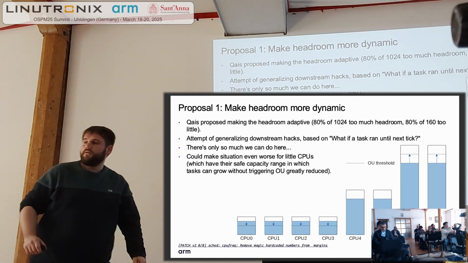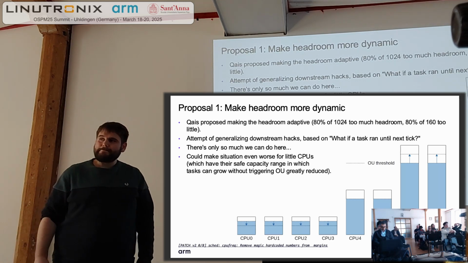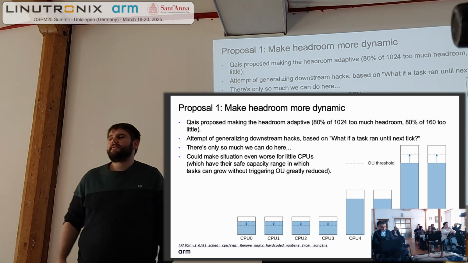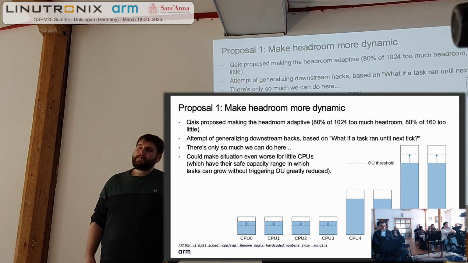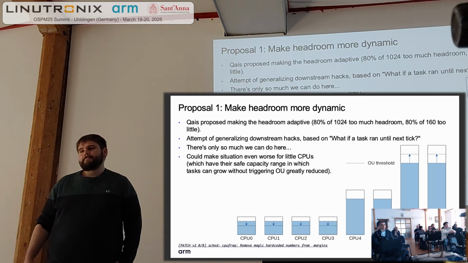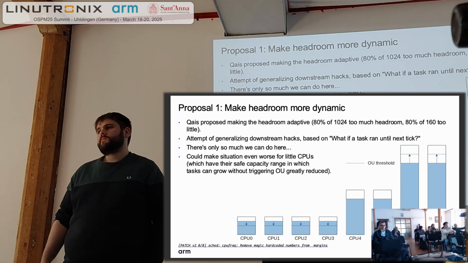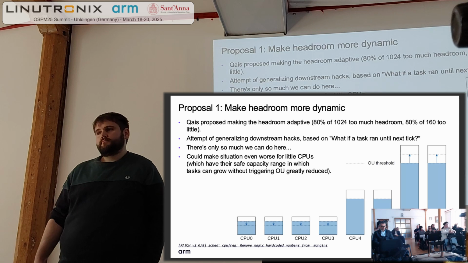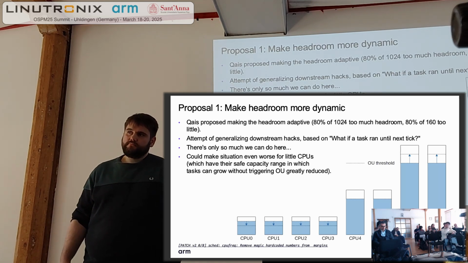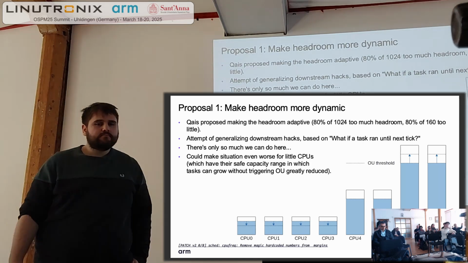Yeah, I think so. One problem is that right now we have the overutilized and the misfit detection, which are the same. And that's why we want to decrease for the little CPU, because we want to migrate from the little CPU quickly. So I think that by decoupling the misfit and overutilized, I would say set the overutilized to the maximum capacity of each CPU, and keep the misfit at 20% or even 50% for the little CPU.